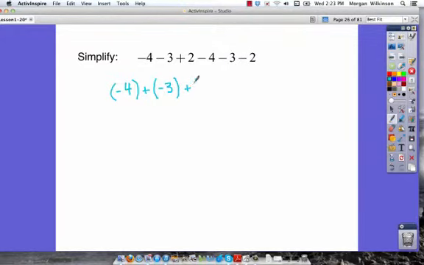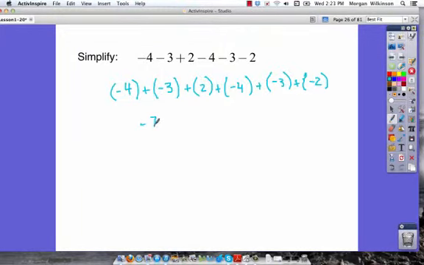We've got plus, then we've got 2, then we've got plus -4, followed by plus -3 plus -2. Putting these parentheses in is very helpful when we solve these from left to right. Now as we go through, we've got our first step, -4 plus -3.